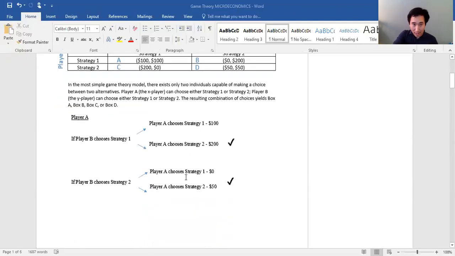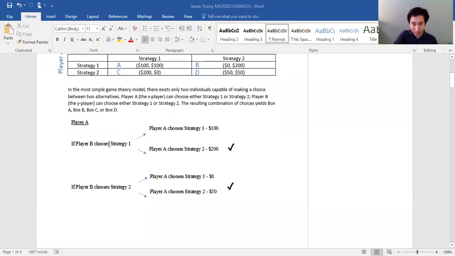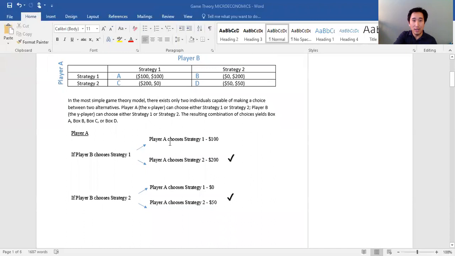So I broke it down this way here. So if you could take a look here. For player A, again, player A is the X player. Player B can choose strategy 1 or strategy 2. And when they choose strategy 1 or strategy 2, then player A can choose either strategy 1 or strategy 2 as well here.